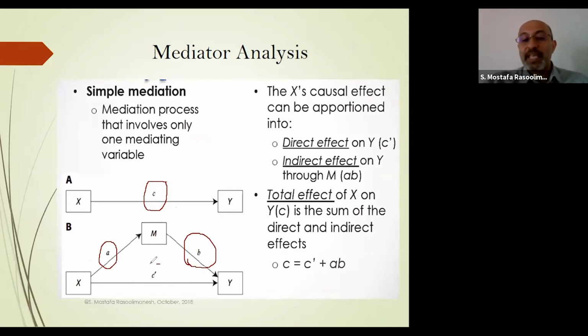And third step, C prime should be lower than C, either insignificant or at least lower than C. So these are the 3 steps of the Baron and Kenny approach for assessment of a mediator.